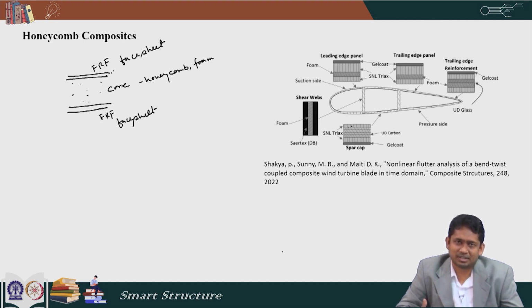We will do some kind of homogenization, so that instead of dealing with the individual properties, we will deal with the equivalent property of a composite, and that we will start defining from the next lecture, and then we will gradually move on to the properties of a laminate and its analysis.